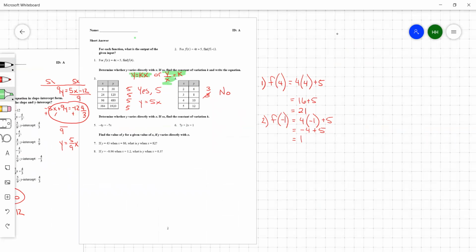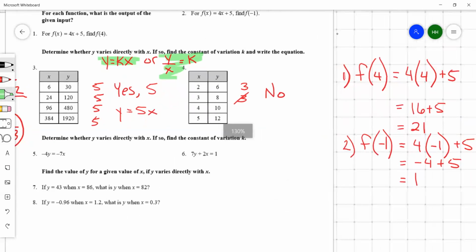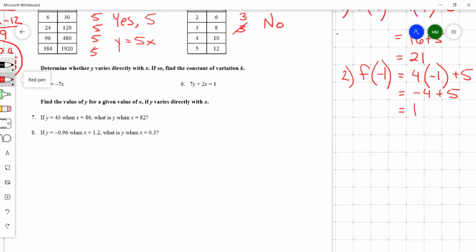That's the question. So number 5, we got -4y equals -7x.